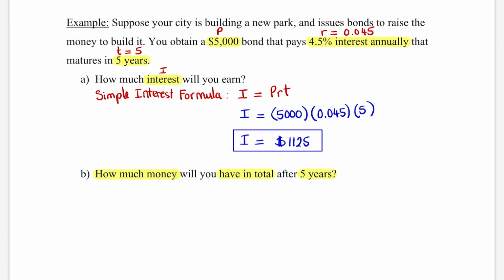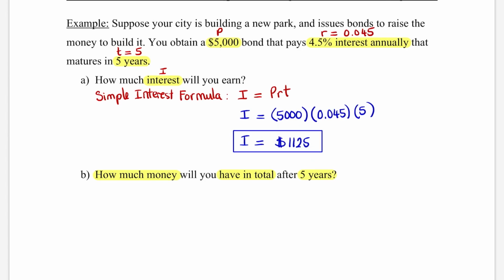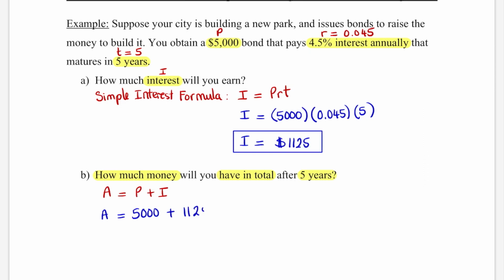So to find the total money after 5 years, I'll take my principal plus the interest. So I'll use the formula A equals P plus I. A stands for the total money that I have in the account. P is the original amount of money that I have, which is 5,000. Plus I is the interest that I earned after 5 years, 1,125. So I have $6,125 total after 5 years.